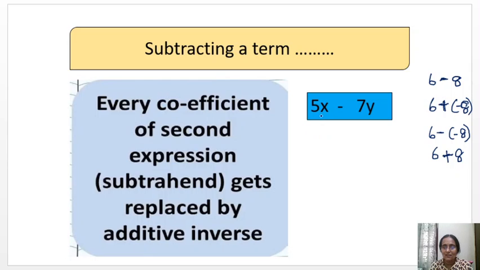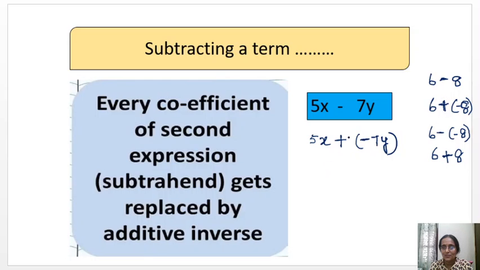Here the question is 5x minus 7y. Now when you have to subtract, change minus sign to plus sign. Write the additive inverse of 7y, which is minus 7y. Only the difference is there is a variable here.